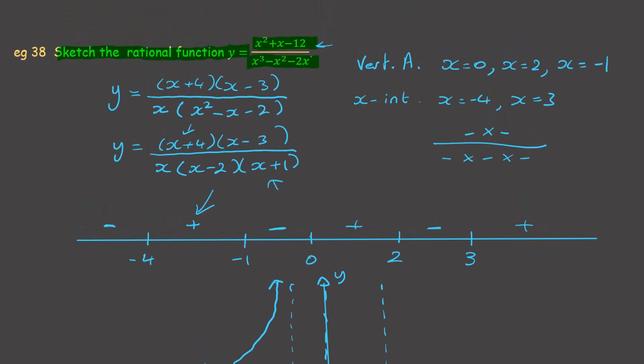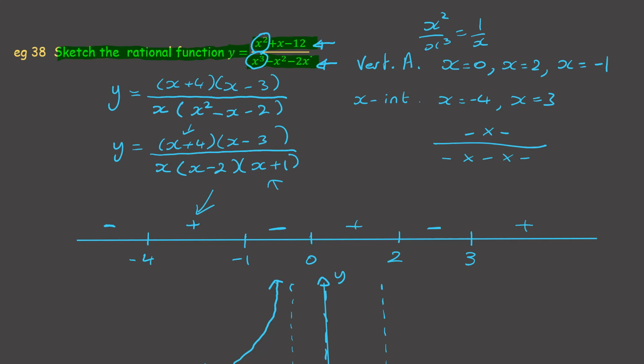So if we look at the original expression, the bottom is a cubic. The top is a quadratic. x cubed will get bigger much more quickly than x squared. The other terms will become inconsequential if x is big enough, and you'll have x squared over x cubed, which is 1 over x.